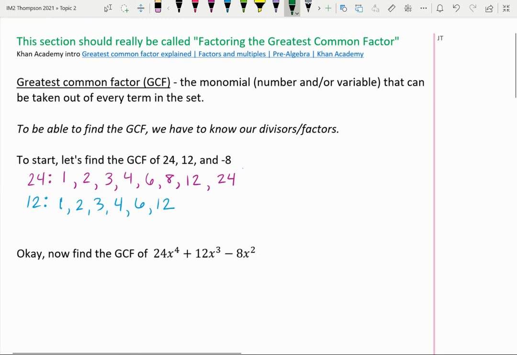Now here I do have a negative 8. We're going to focus on just the 8, and we'll worry about what happens with the negatives later. All numbers that go into 8: 1 and 2. 3 does not. 4 does. And 8 does.